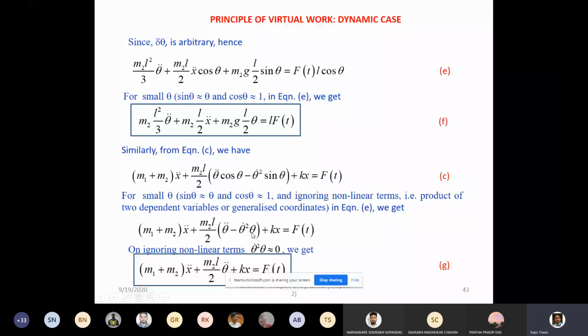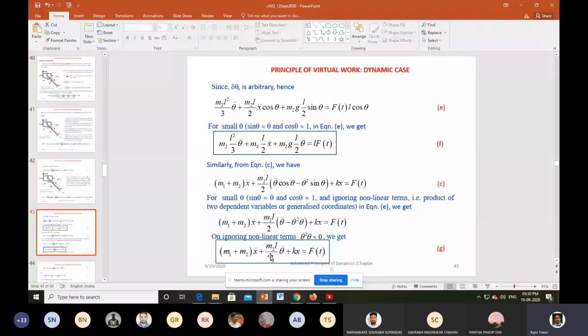These are equation F and equation G, the two governing equations of the system, and they involve x and theta as generalized coordinates. These two equations are again written here, the same equations.